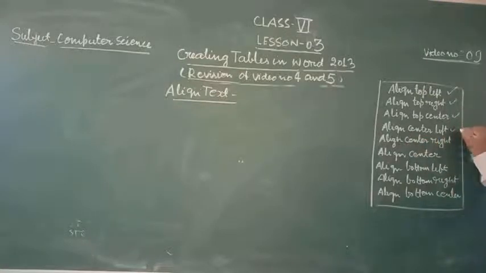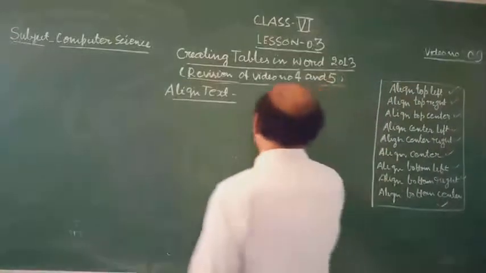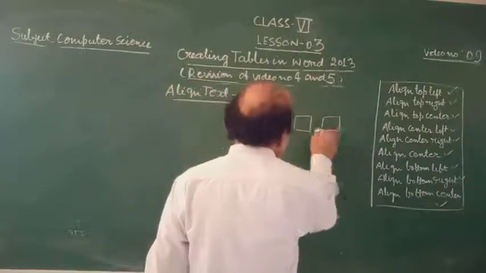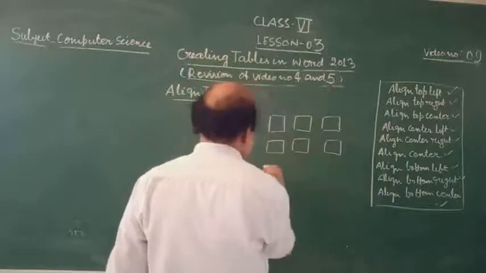Then align center left, align center right, align center, align bottom left, align bottom right, align bottom center. These are the options. With the help of this box, you can understand the alignment of text.